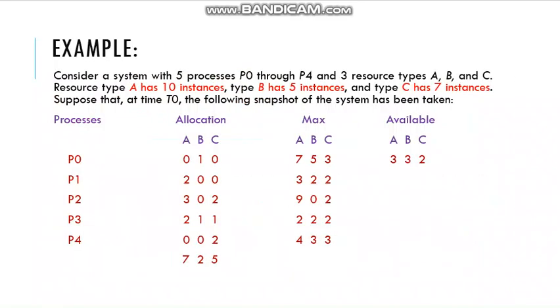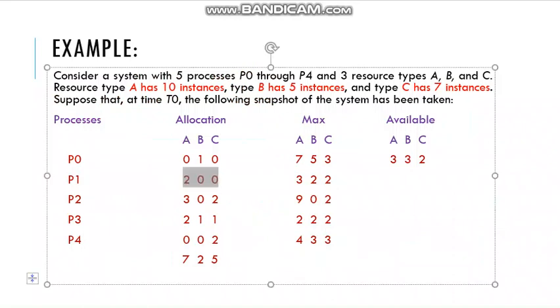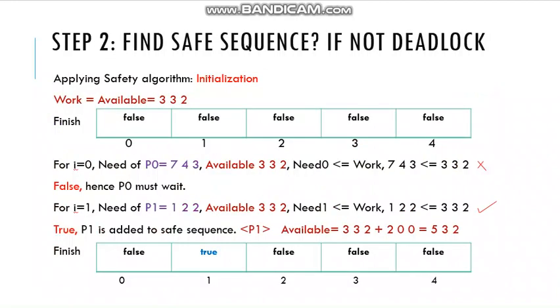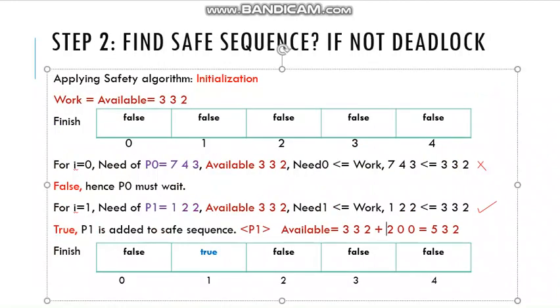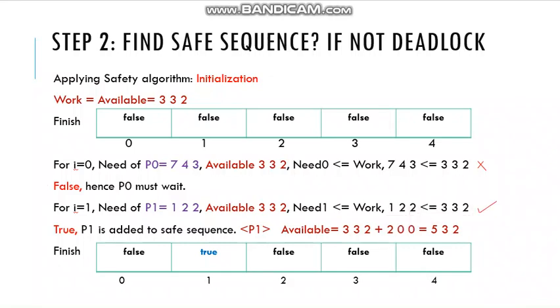If you observe, the allocation is 200. So simply you just add them. Available is now 332 plus 200, because after executing the process, the allocated resources should be given back as available, because those resources are not needed for that process.